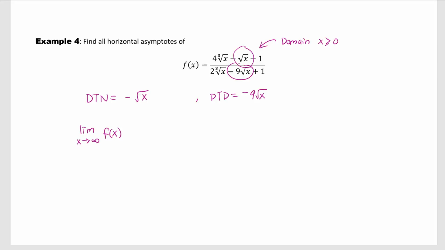So the limit as x goes to infinity, dominant terms: minus 9 square root of x in the denominator. They cancel, and we get 1 over 9. So the horizontal asymptote is y equals 1 over 9. And that's it. We don't need to mention x going to minus infinity because x must be greater than or equal to 0. So far, so good, everybody?